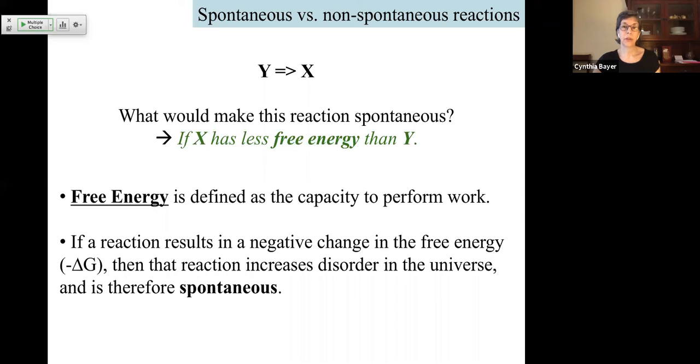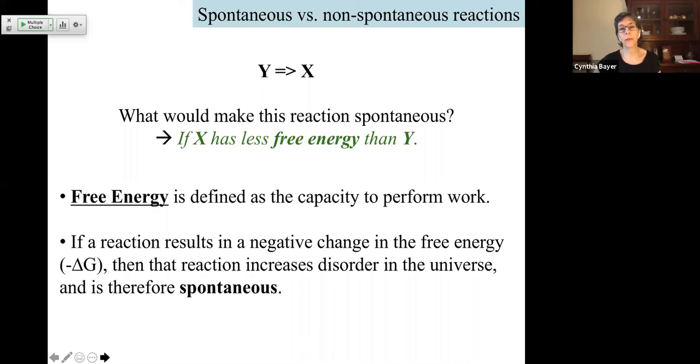Spontaneous reactions are reactions in which a compound or a molecule of higher free energy is converted to lower free energy, meaning that the energy of Y is released as Y is converted to X. We call that a spontaneous reaction. It's going to increase disorder of the universe.